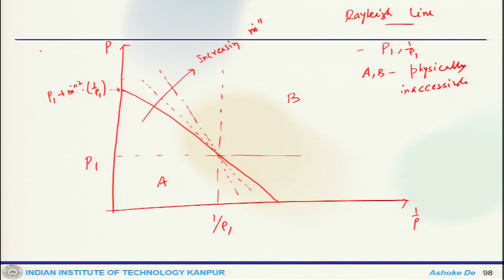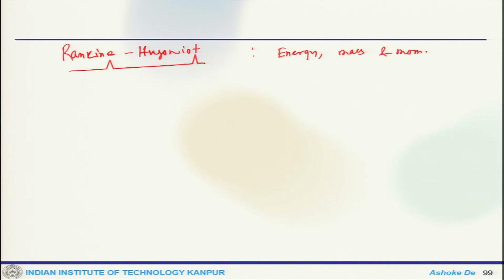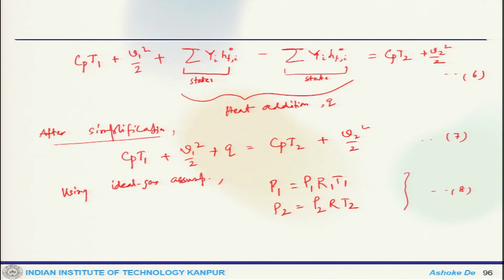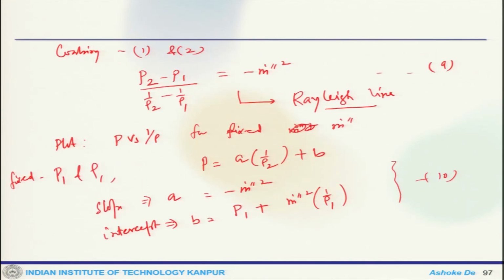Now, the Rankine-Hugoniot curve we can obtain from the energy equation, along with mass and momentum conservation. So, we have here equations 1 and 2 for mass and momentum conservation and the energy equation at 7.